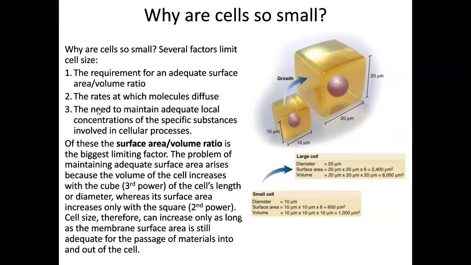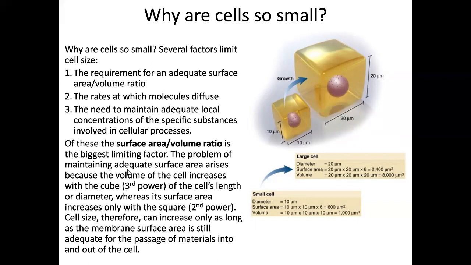So cells need to bring in certain substances and they need to release certain substances. That means they have to have adequate rates at which molecules are diffusing, and that all relates to number one. So number one affects number two, which affects number three, or you could say it the opposite direction. So of those three things, surface area to volume ratio is the biggest limiting factor.